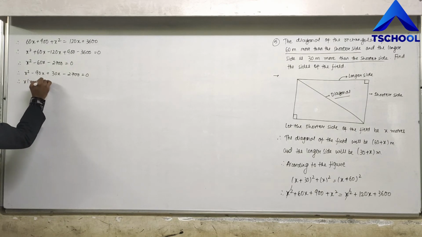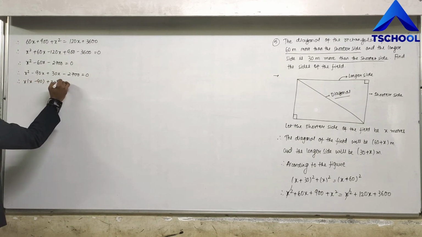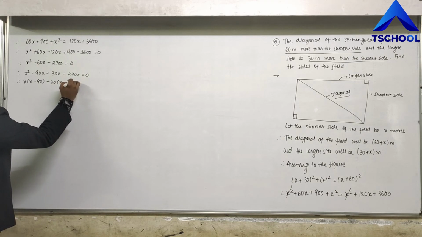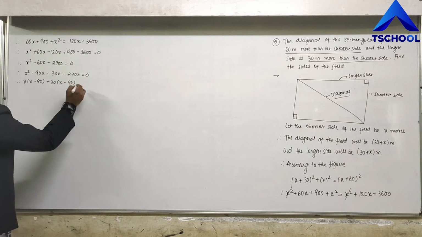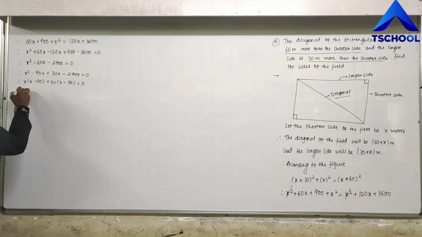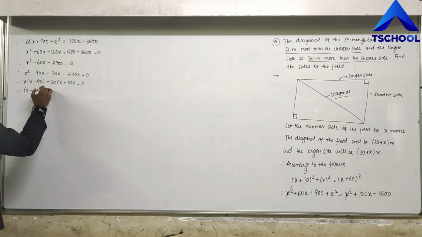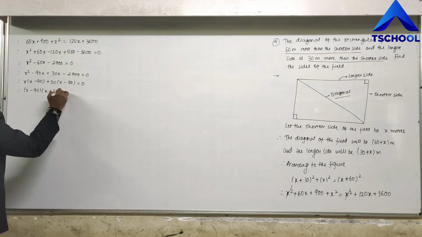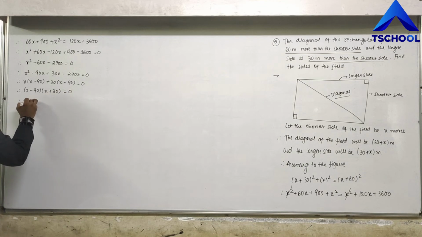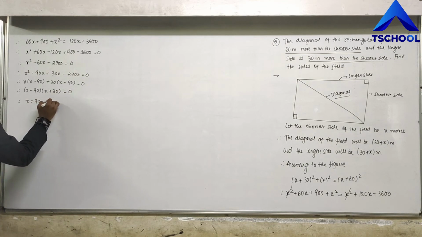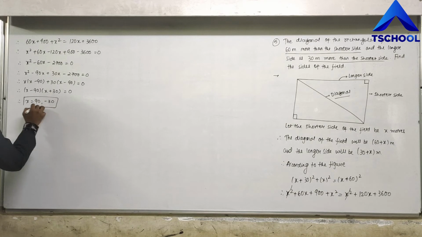Therefore x into x minus 90 plus 30 into x minus 90 equal to 0. Hence x minus 90 into x plus 30 equal to 0. Hence x equals 90 or minus 30.